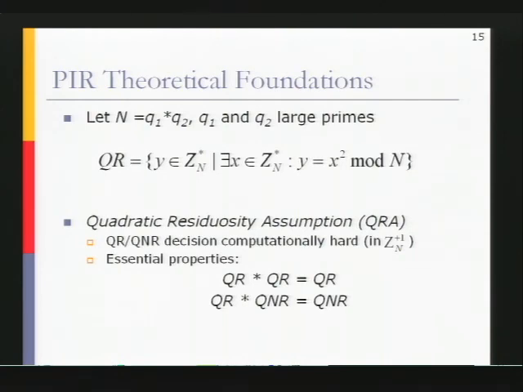The PIR protocol that we are using relies on the assumption that it's difficult to find out whether certain large numbers have a certain property. And the setting is the following. We have two large primes. This is similar to the RSA setting, right? Standard encryption. We have their product n. And then we have the set QR.